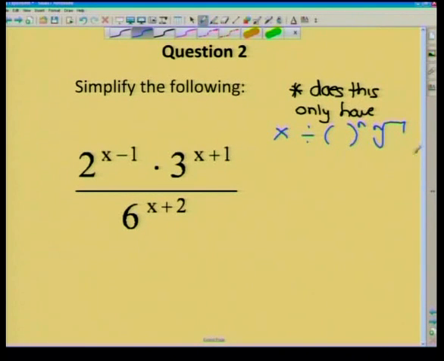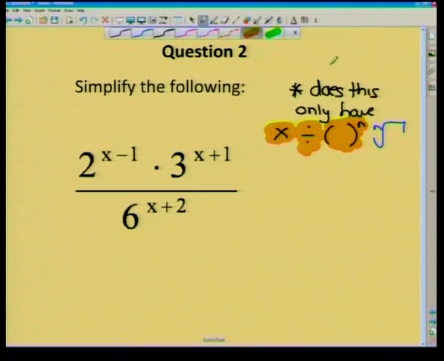You don't have to have all of them, but some of them. Well, let's look. It's raising to powers, it's multiplying, it's dividing, and it's raising to powers. So yes, if I'm going to look at what I've got here, I've got multiplication, raising to powers, and dividing. So yes, it follows that category.